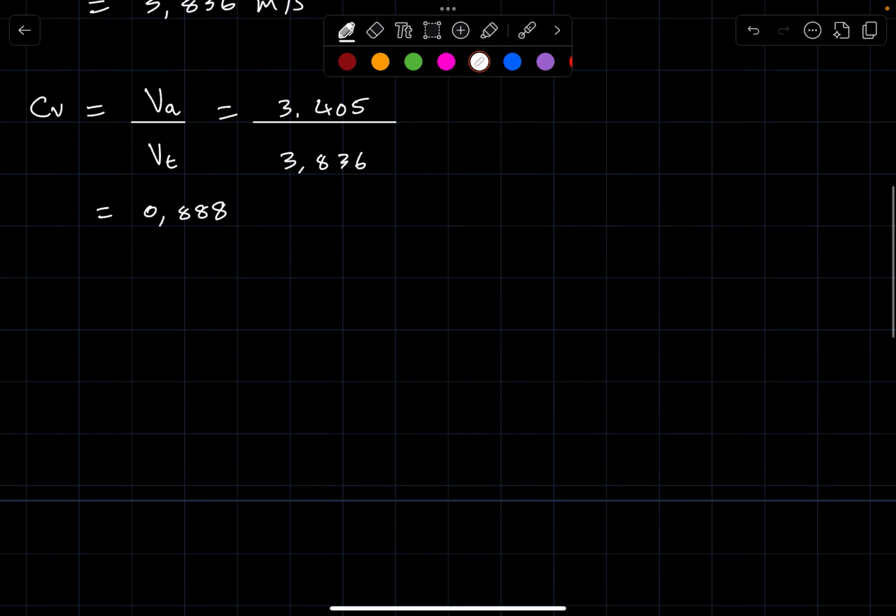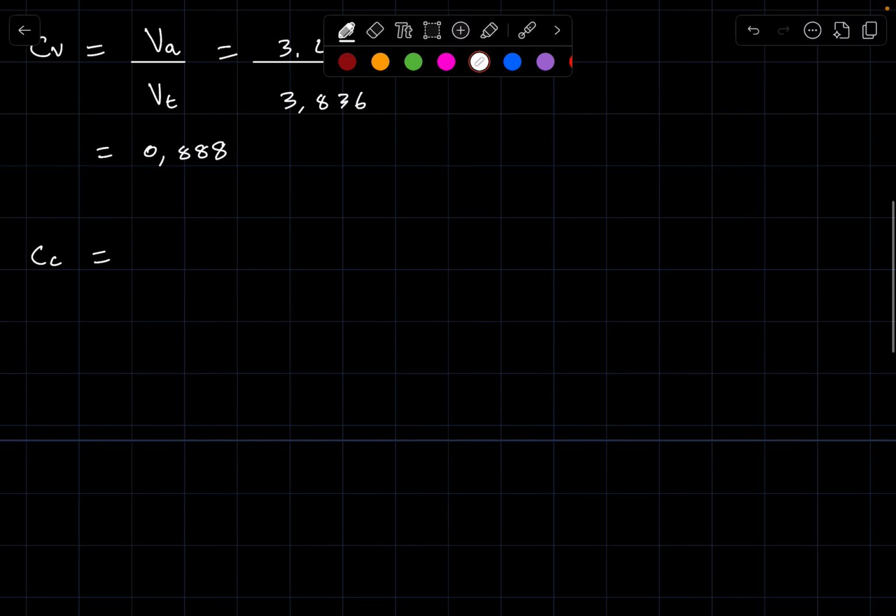Then we calculate CC, which is the coefficient of contraction, right? That one is essentially equal to the actual area divided by the theoretical area, right? Now remember that when we speak of area, the actual area and theoretical area both are circular, hence in calculating area we use the area of a circle, right? So this would be pi over 4 times dA squared divided by pi over 4 times dt squared.